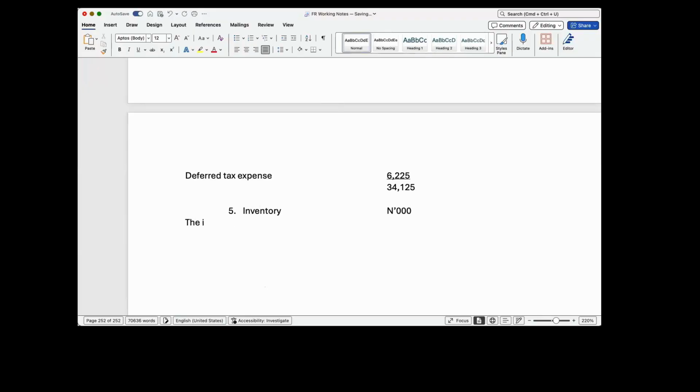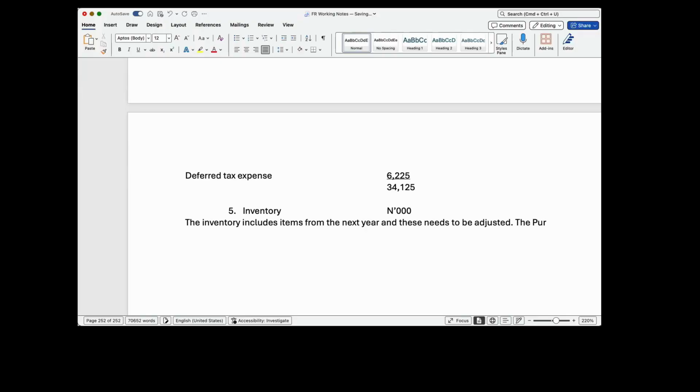The inventory includes items from the next year, and this needs to be adjusted.